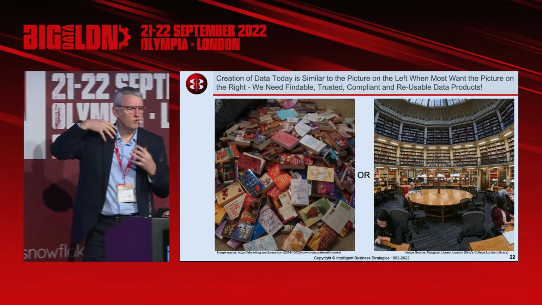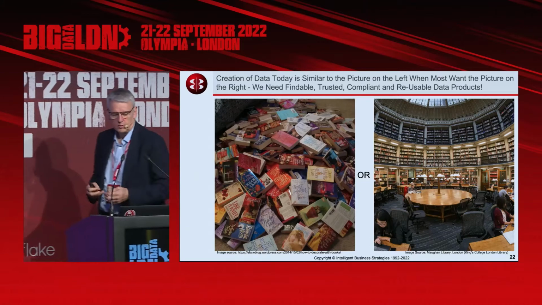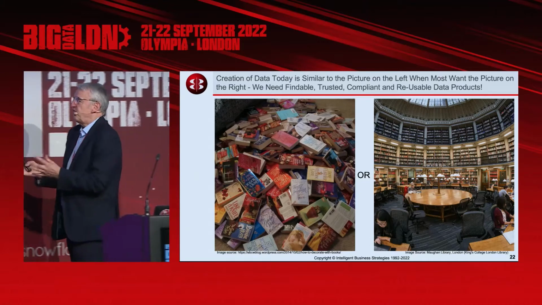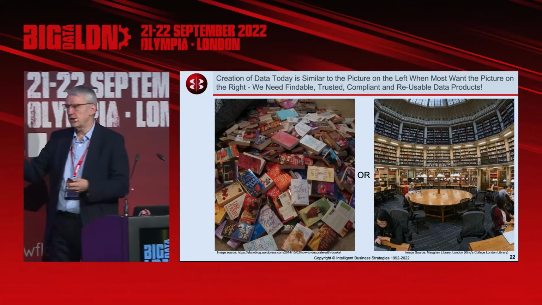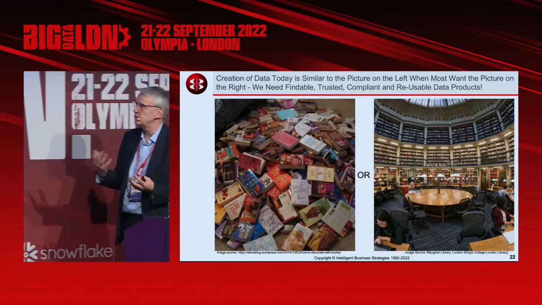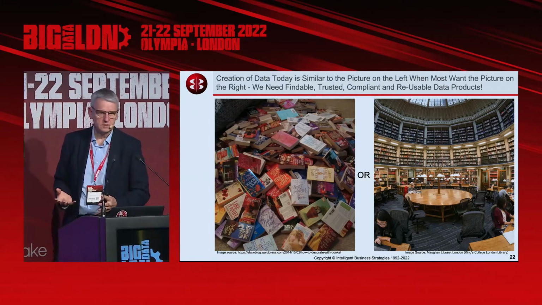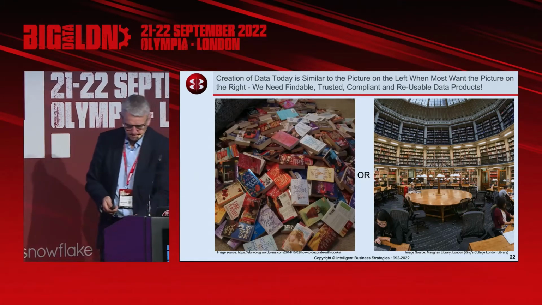You know, it's all fractured. There's people working on all kinds of different tools around the enterprise. What we really want is findable, trusted, compliant data products and all of the analytical products like machine learning models and reports and dashboards and all those kinds of things, all organized and aligned to improve business outcomes.